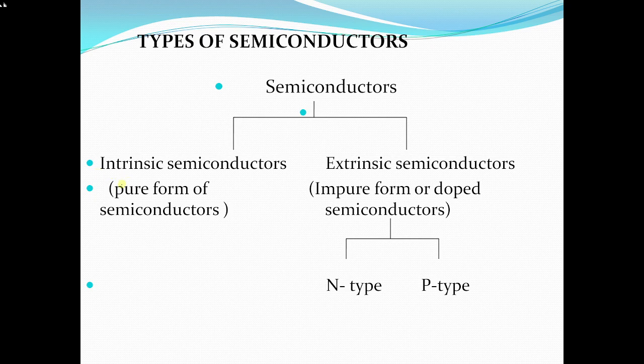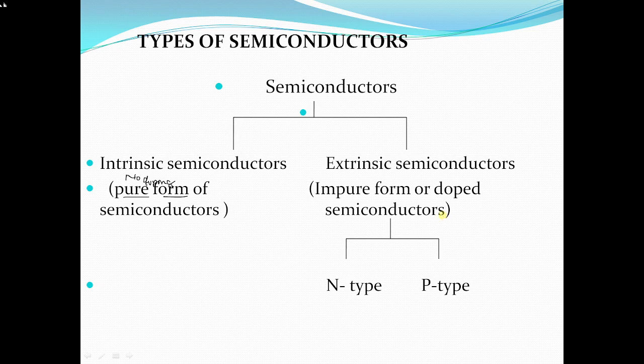Intrinsic semiconductors are the pure form of semiconductors, meaning there is no doping of impurities. Extrinsic semiconductors are the impure or doped form.